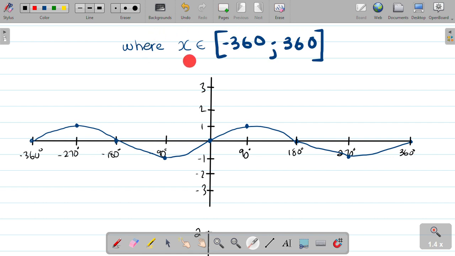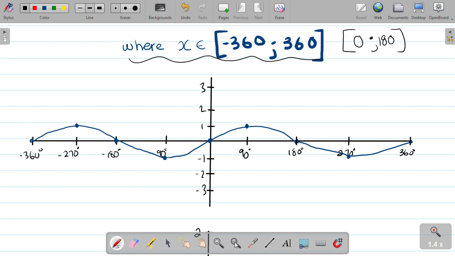That's what this means whenever you see this in a test, because usually in a test they can say, maybe show it to me from 0 to 180. Then you must draw the graph only from 0 to 180. So that's what this means, guys. I'll try and refer to that each and every time in every video.